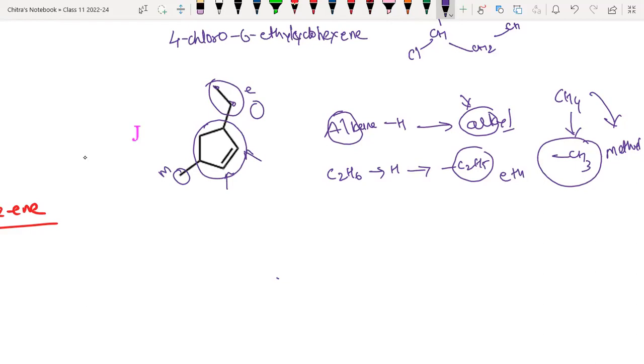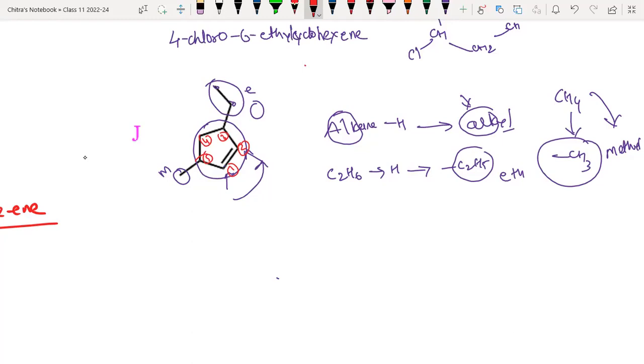So we have to count in this direction now. I'm counting the number. It is carbon number 1, it is 2, because the double bond has to cover 3, 4 and 5. For writing the name, we have to write the substituents in alphabetical order.